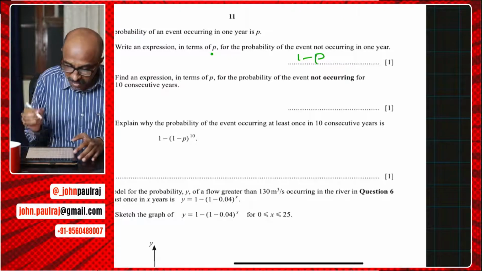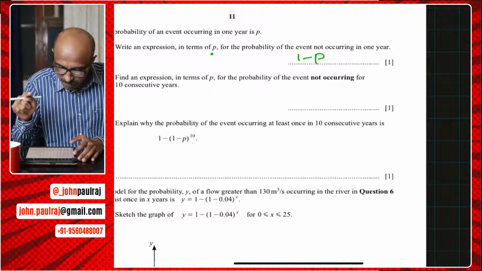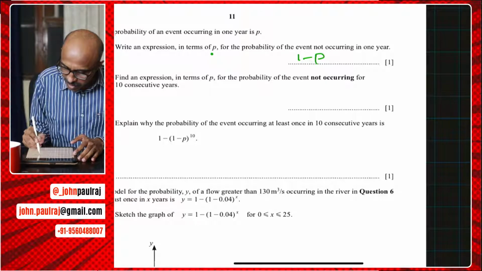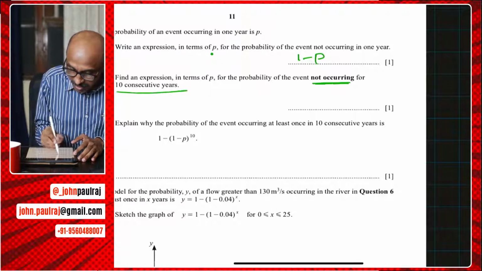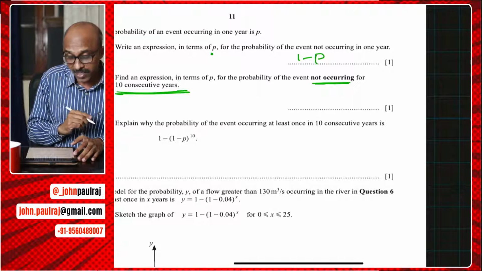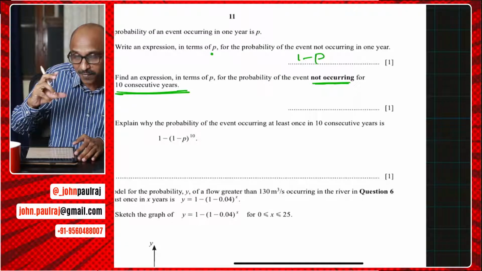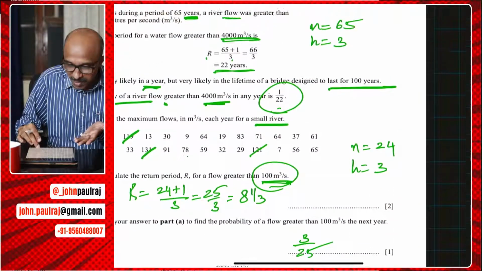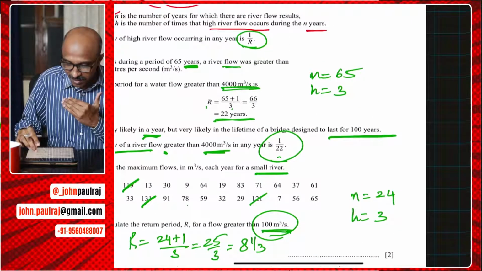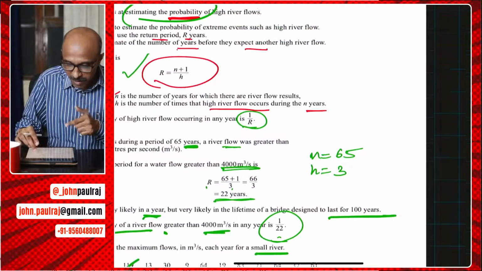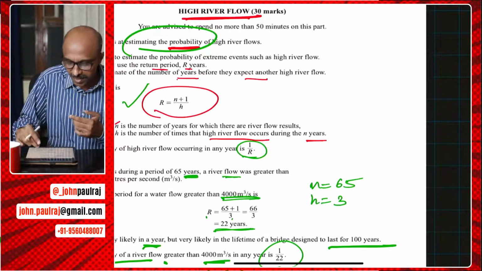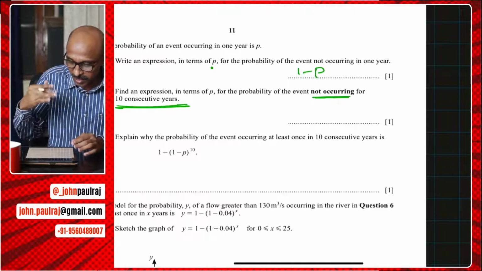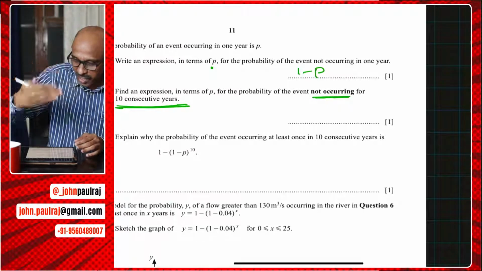Okay, find the expression in terms of P for the probability of the event not occurring for 10 consecutive years. Interesting. Here we have to recall the idea of independent events, because although this is about the river and the high river flow, it's also about the probability of an occurrence, so I think this is just a refresher on the idea of independent events, because each year is independent.